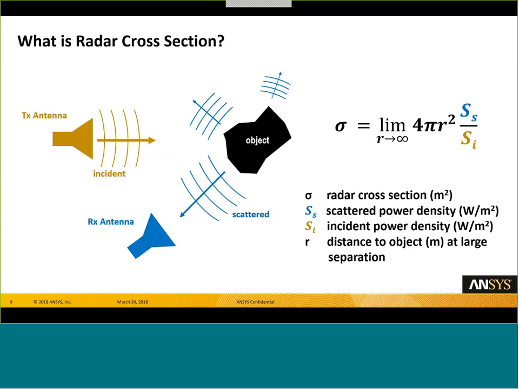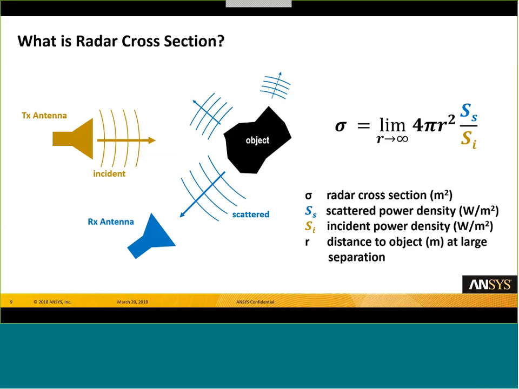Mathematically, this is one way to define radar cross-section. Sigma represents the RCS value. You can see there's a scale factor in there, and there's a numerator that is defining the scattered power density, and in the denominator we have the incident power density.